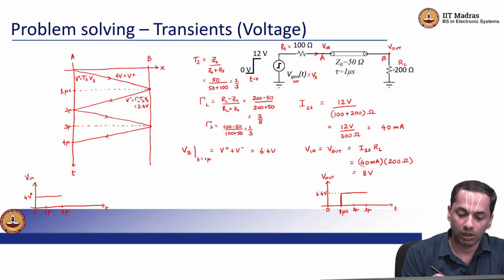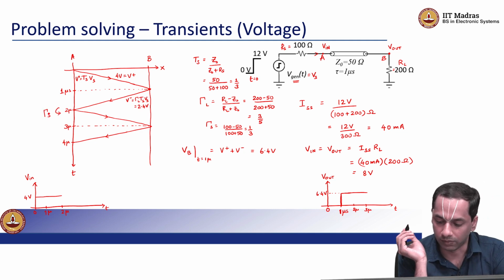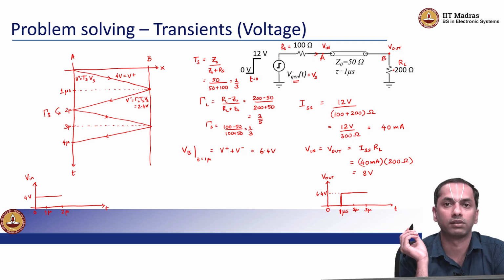All right. So, now this V minus is going to reach the input point A, and there is going to be a reflection gamma S, which we said is 1/3.